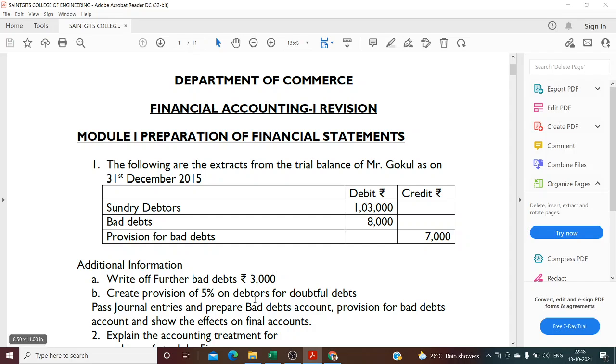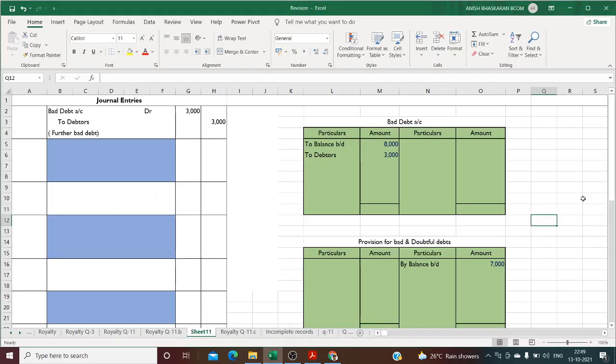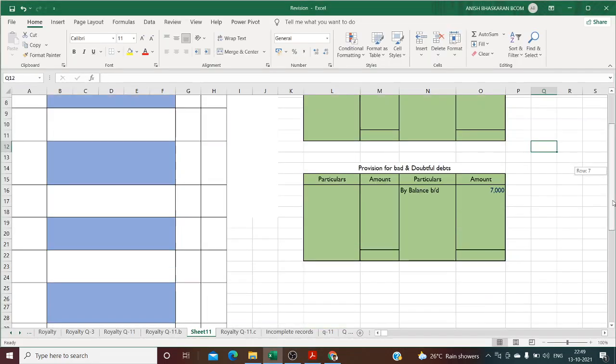Now create a provision of 5% on debtors for doubtful debts. So what is the formula for calculating provision for bad and doubtful debts? That is debtors minus further bad debts if any into rate divided by 100. So the calculation of new provision.